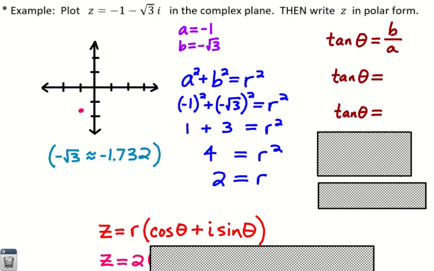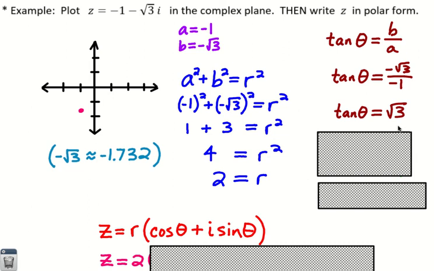What you should have is what? So b is negative root 3 over negative 1. And so it would overall be that. And once you know that the tangent of theta is root 3, and then you're thinking, okay, what would that make theta?